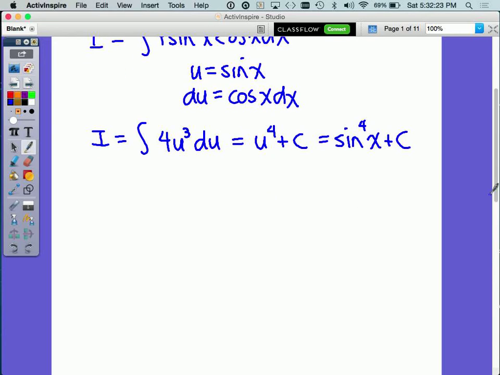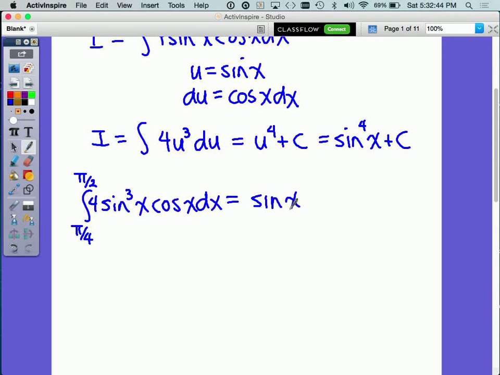I can now come back to my original question. My original question, remember, was the integral from pi over 4 to pi over 2 of 4 sine x to the 3rd times cosine x dx. And now I know that the antiderivative of this function is sine x to the 4th power, and I'm evaluating that from pi over 4 to pi over 2.